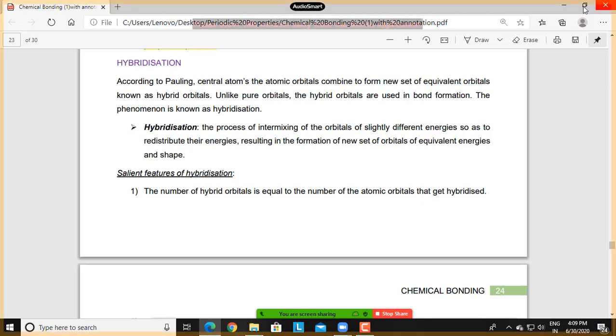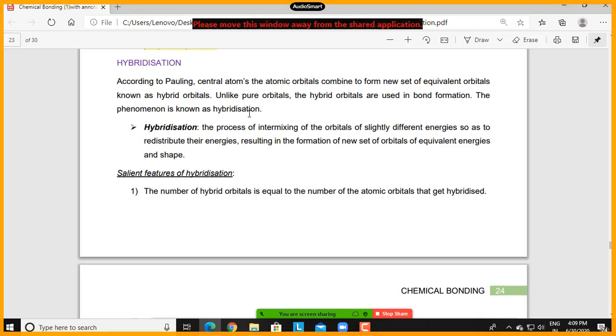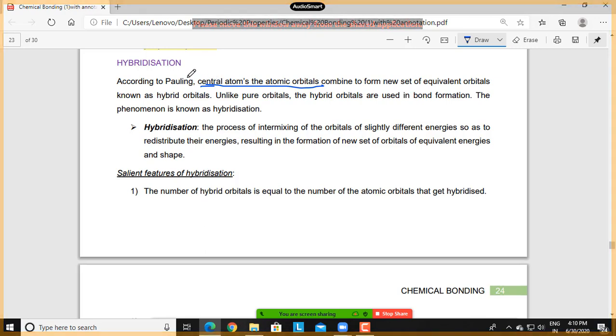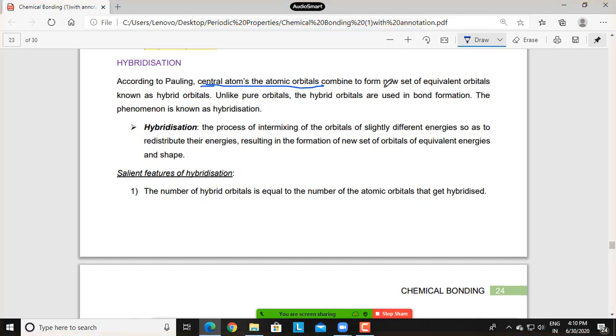According to Pauling, the atomic orbitals of the central atom combine to form a new set of equivalent orbitals known as hybrid orbitals. Clear? Only the central atom undergoes hybridization. Before overlapping with other orbitals, the atomic orbitals of the central atom first mix and combine.